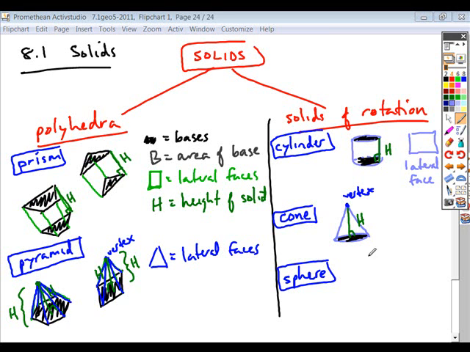Finally, a sphere. The one measure that you will have in place for a sphere is the radius. And that's true for all the solids of rotation; they will involve a measure of the radius. But in a sphere, that's the only measurement that you are looking at.